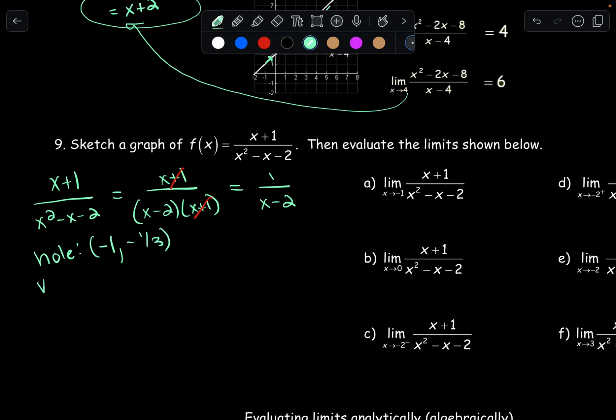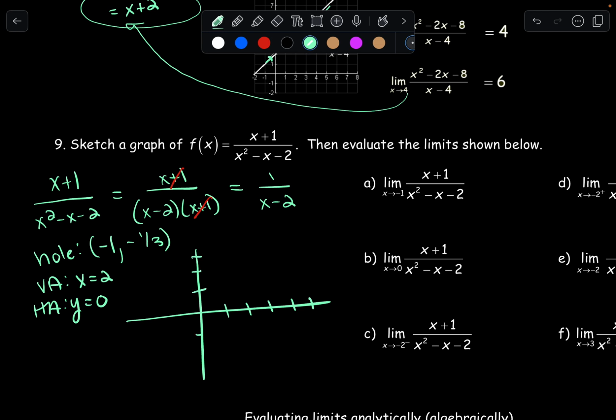Now we also have to take into account that we have a vertical asymptote at x equals 2. And because it's a rational function, we also have a horizontal asymptote at y equals 0 because it is bottom heavy. Okay. So if we draw our quadrants, I'll go ahead and include my 2 asymptotes, horizontal asymptote at 0, and a vertical asymptote at 2.